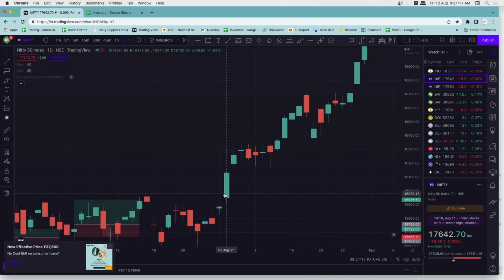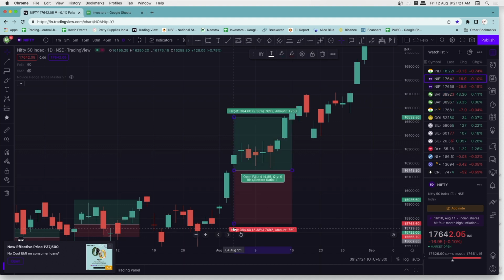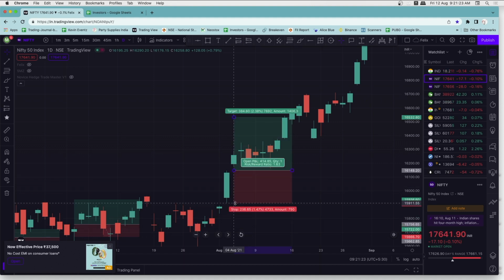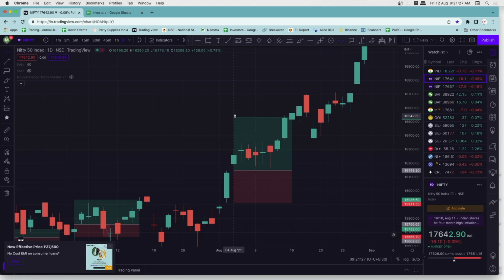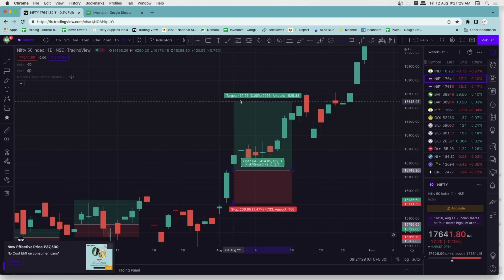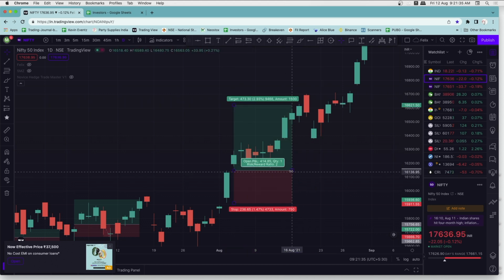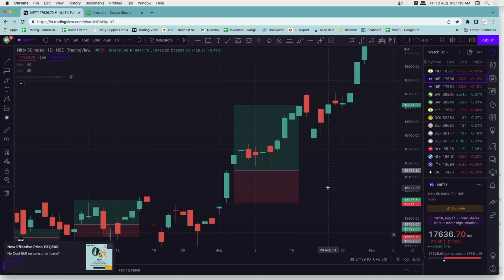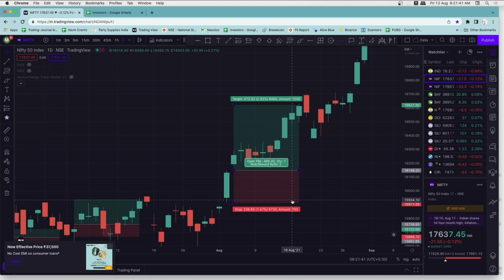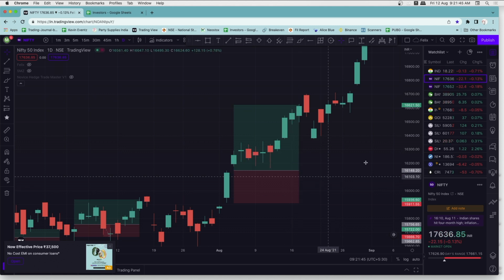Okay, so this is August month. The candle size is 236. So we are going to keep the risk reward 1:2, and the target was achieved on 16th, I guess. Yeah, not 16th, it is achieved on 17th of August.